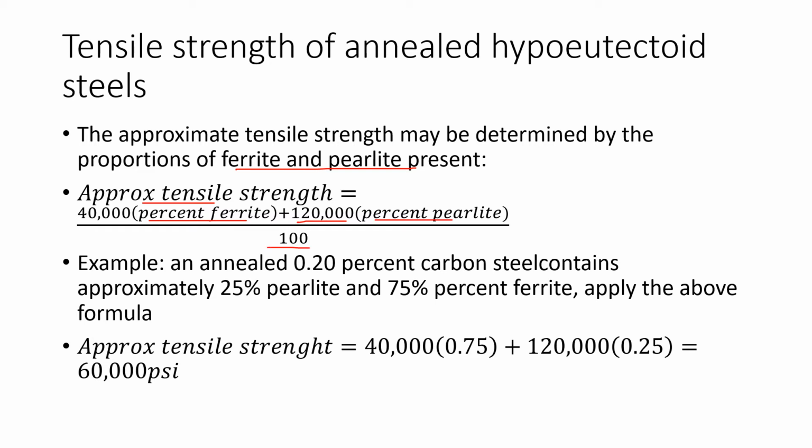For example, an annealed 0.20% carbon steel contains approximately 25% perlite and 75% ferrite.